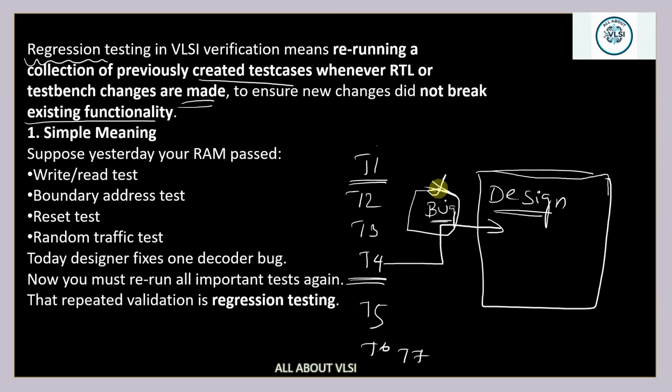In test case 4 we found a bug and removed it. If we run test case 1 again, a new bug may appear, one which was not present when we ran test case 1 previously, but appeared after we removed the previous bug. So this kind of scenario may happen.